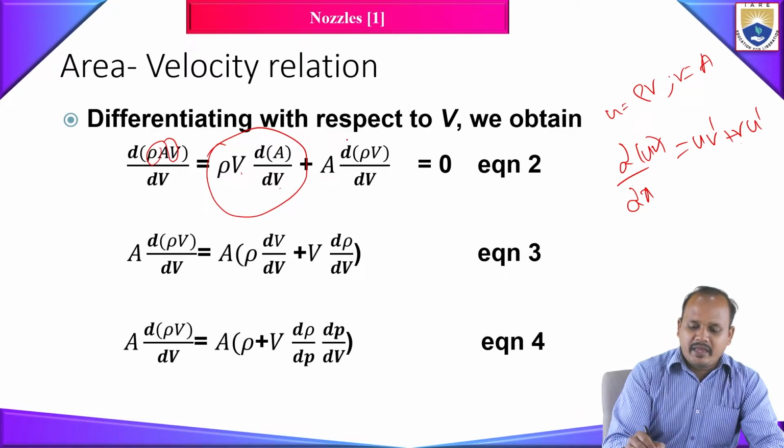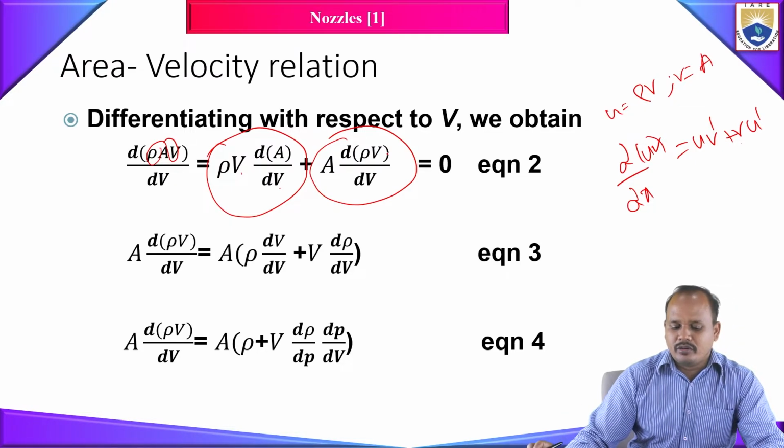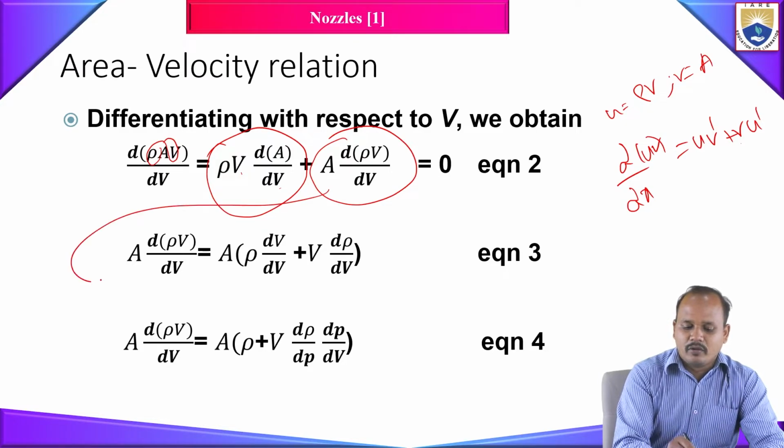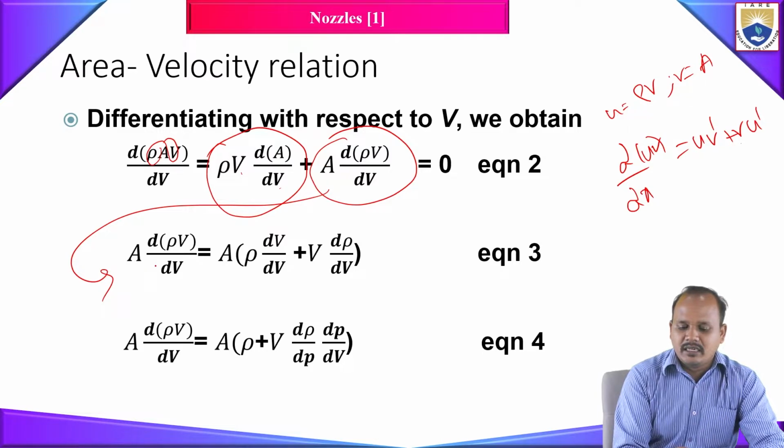Now here we once again have rho v, the product of two terms, so once again we have to differentiate this. I'm going to take this term alone in equation 2, that is A into d by dv of rho v. A is common, I'm going to keep as it is. If I differentiate, I'll have u v dash plus v u dash, so rho into dv by dv plus v into d rho by dv.